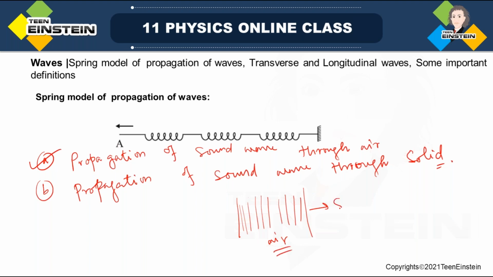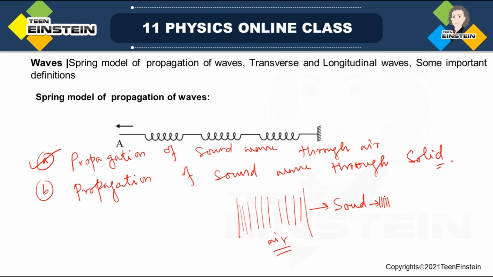Now when a sound wave is actually created, what happens? The region near the source of the sound will be compressed, in the sense that the sound wave will make the air molecules get compressed.